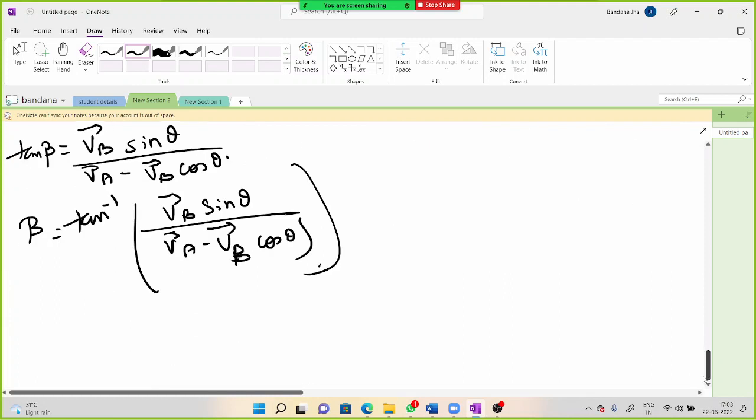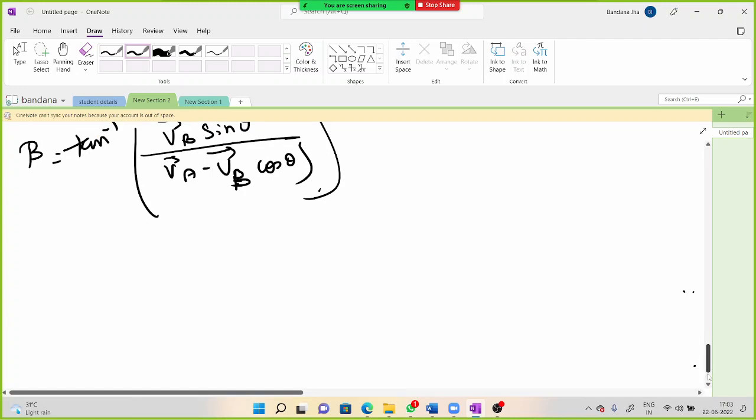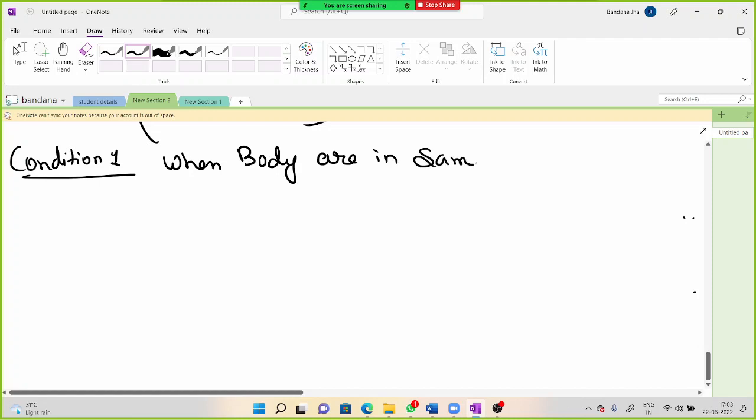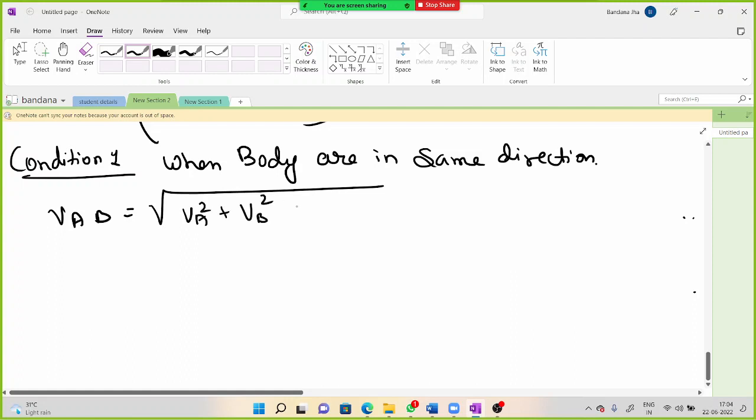Now, the question said that we have to find out when the bodies are in the same direction, right? So, condition 1: when bodies are in the same direction, that time VAB is equal to root of VA square plus VB square minus 2VAVB cos of theta.